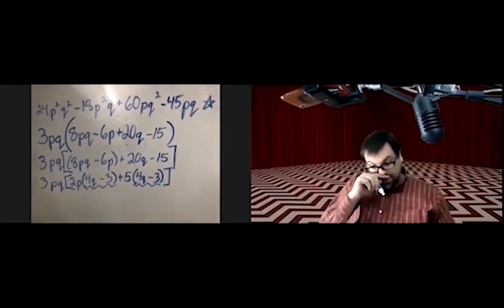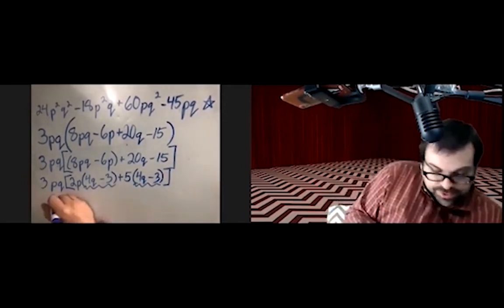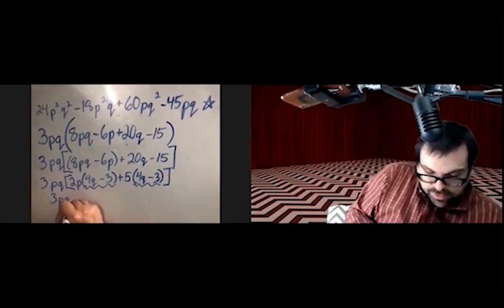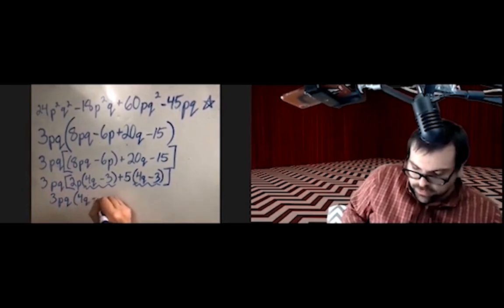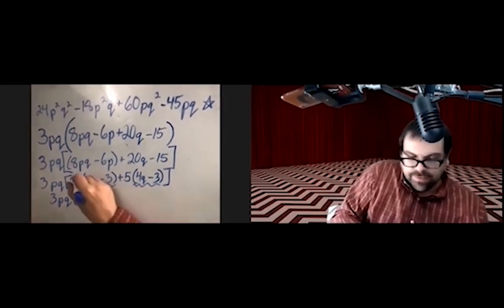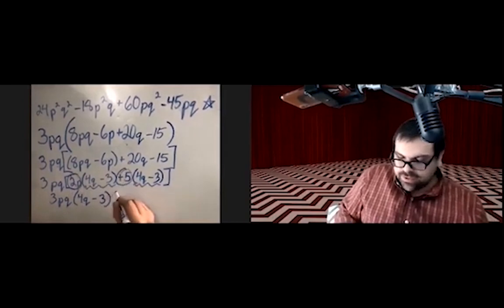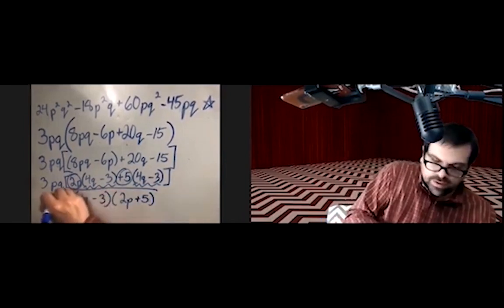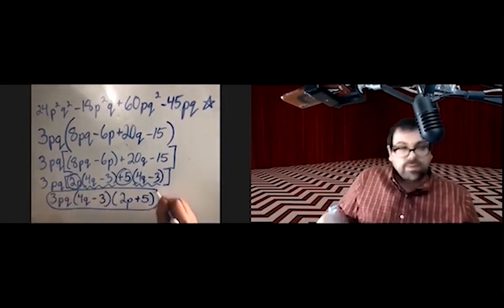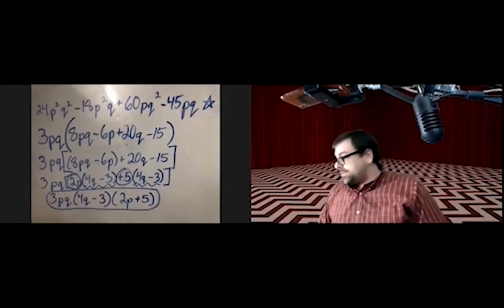There's the greatest common factor. So we have our 3pq, then times this factored out 4q minus 3, and then our leftover piece, 2p plus 5. And that's our answer.